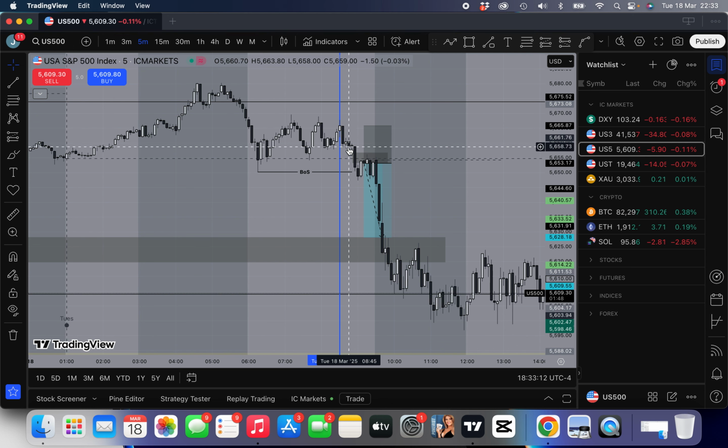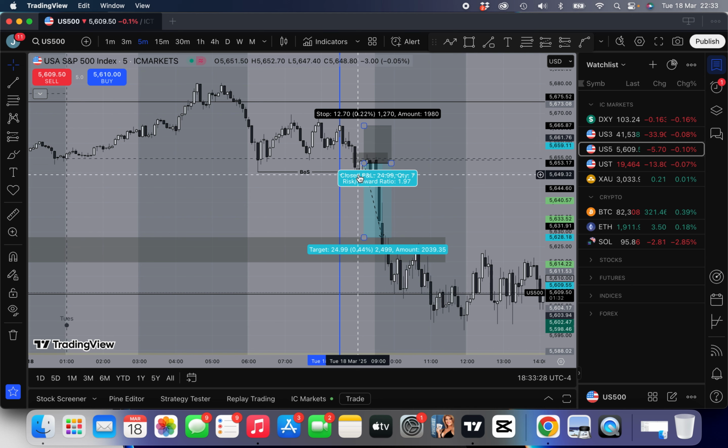Then don't enter here. We don't enter until this is taken and it displaces nicely. Obviously you can see it's not a clear breaker structure yet, but this candle forms this fair value gap which I've marked out. We do trade up into that at 9:15 and price then just moves down.